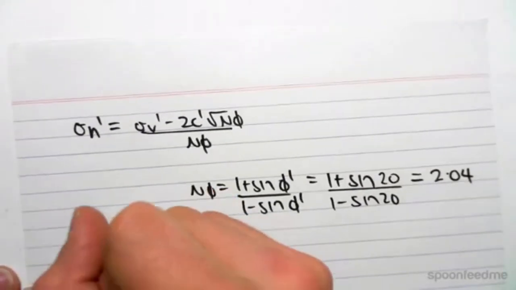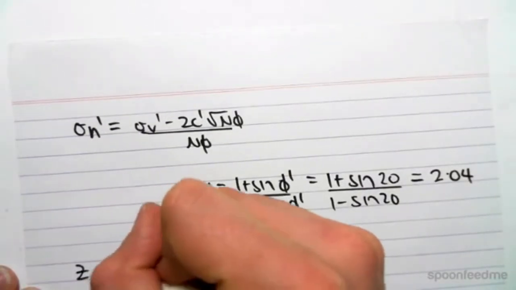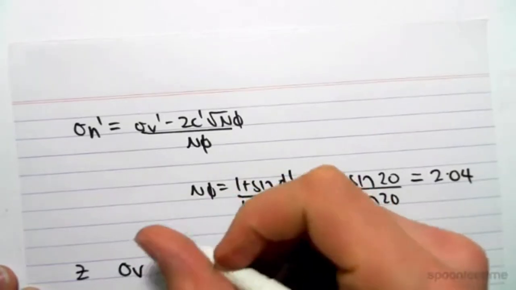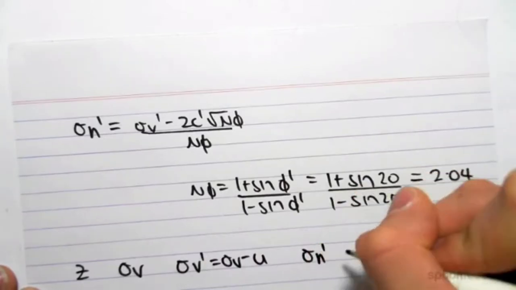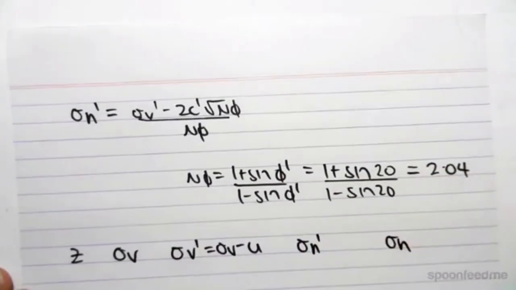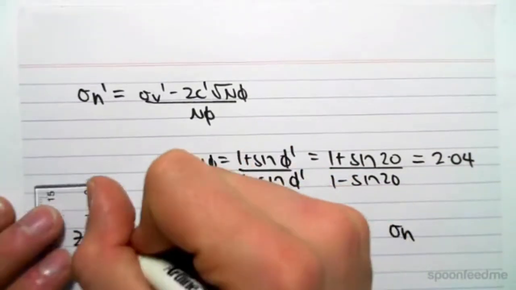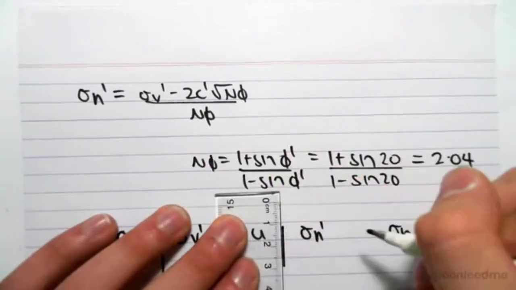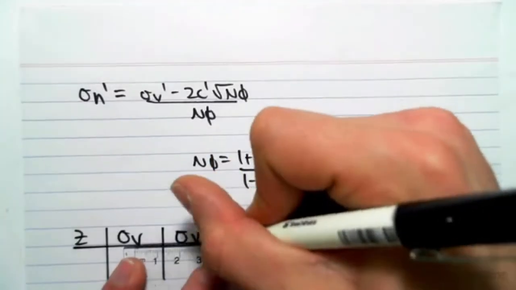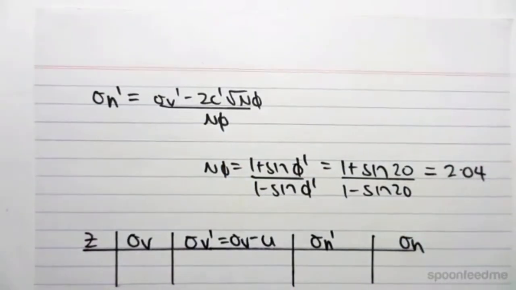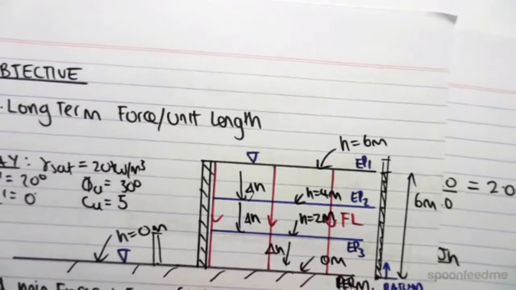Now we will construct our table. So we'd have Z, sigma V, sigma V dash, which equals sigma V minus U, sigma H dash, and then eventually sigma H. So once again, we look at the top and bottom of our layer as always. So now we're using the datum as our scale here.